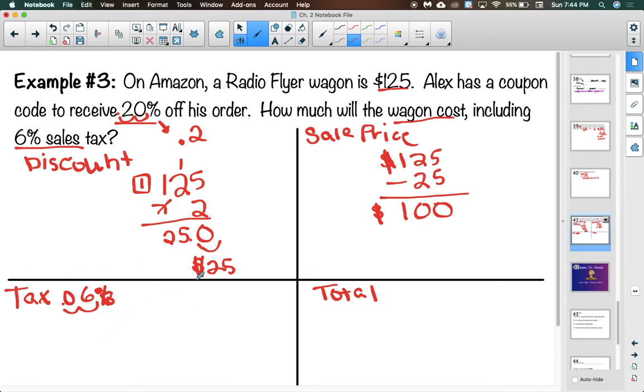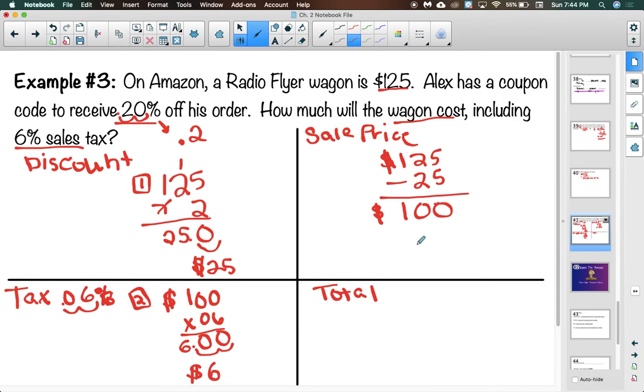So we're going to do 0.06 times 100. Okay, $100 times 0.06. 2 numbers after the decimal. And 6 times 0, 6 times 0, 6 times 1. Bring your decimal 2 places in. That means we're going to pay $6 of tax.